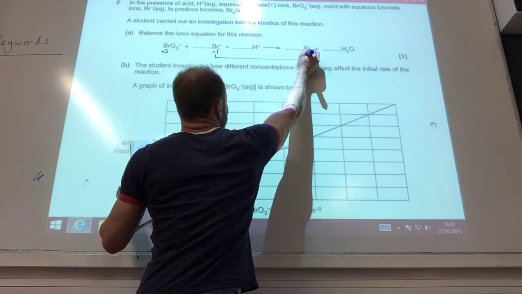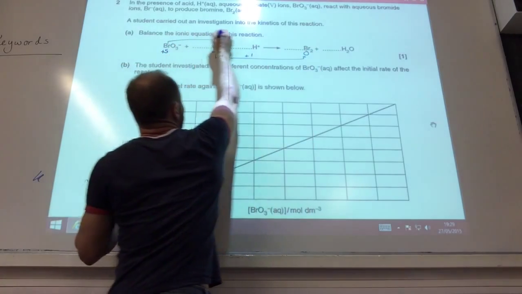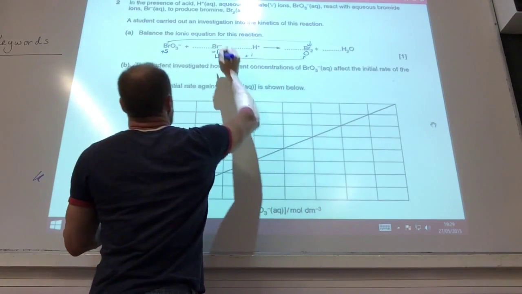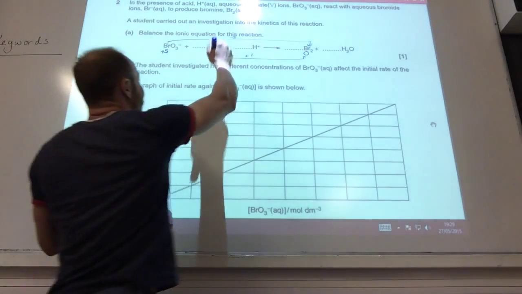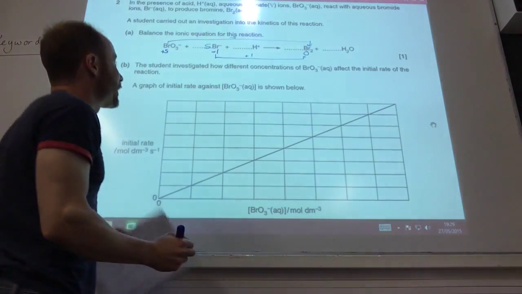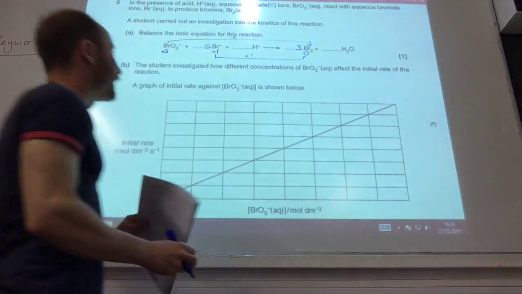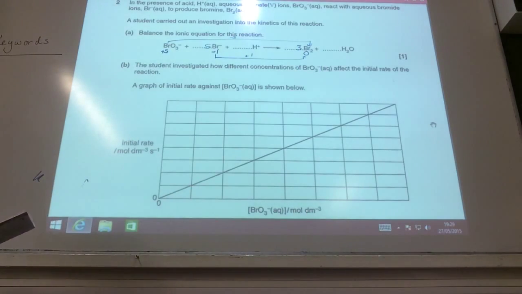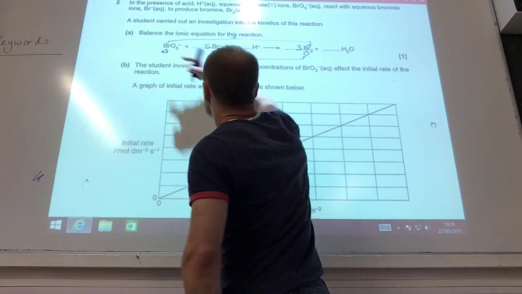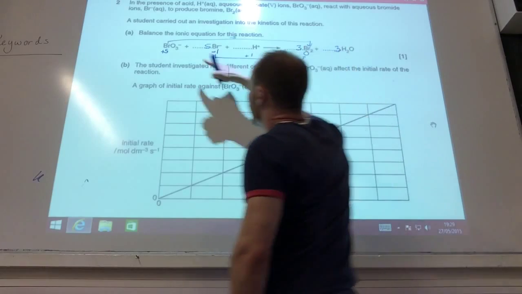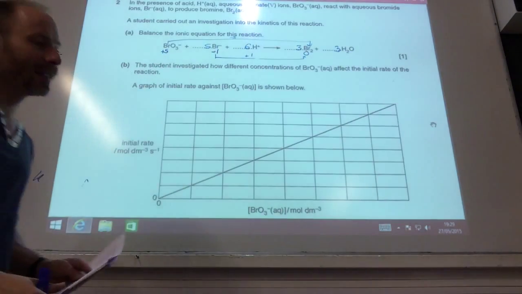So -1 to 0 is a change of +1, and +5 to 0 is a change of -5. So I need 5 of those ones to balance out, which to balance out my bromides means I need 3 of those to get it to work out. Once I've done that, to balance out my oxygens there, I need 3 waters there, which means I need 6 H pluses there.